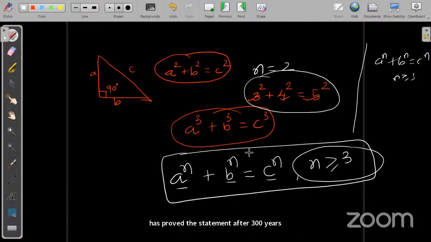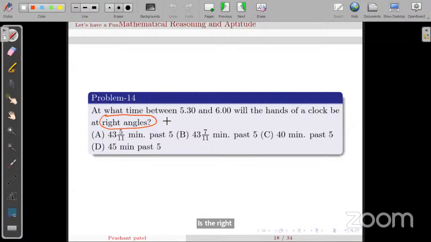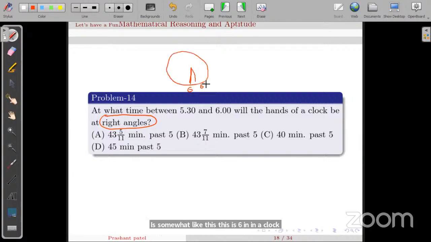Okay, so this is just a side story, coming from the right angle. Here we are taking 90 degrees as the right angle. So let us go back to our question. The right angle is there. That means we need to see between 5:30 and 6. In a clock, this is 6 and this is 5.